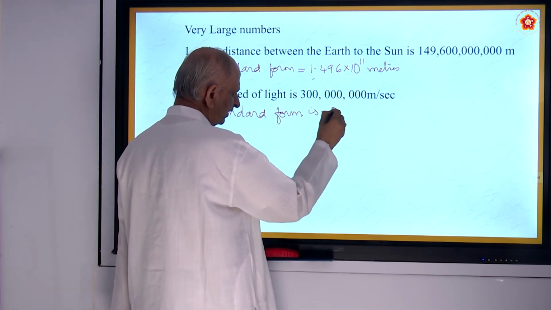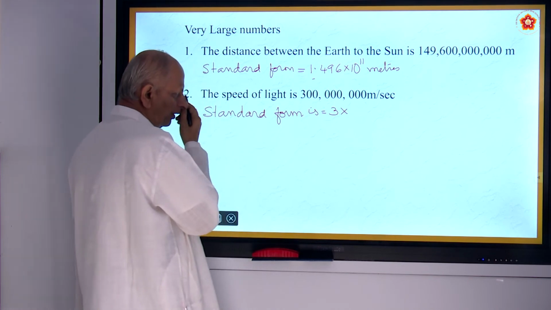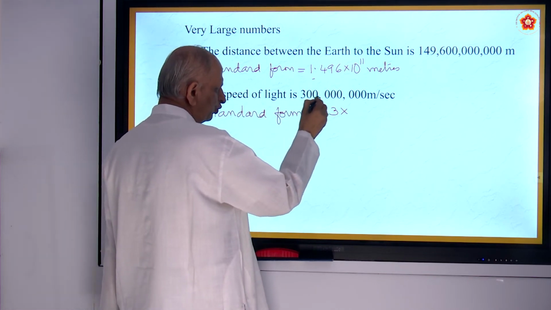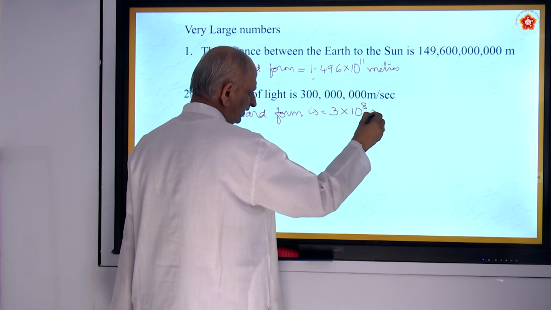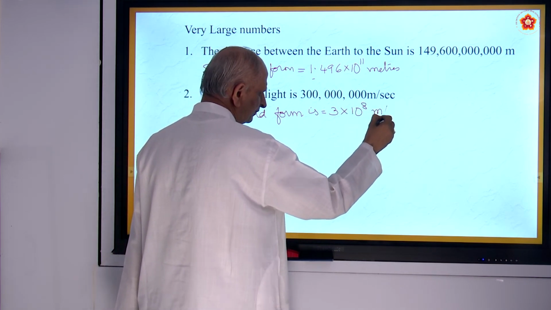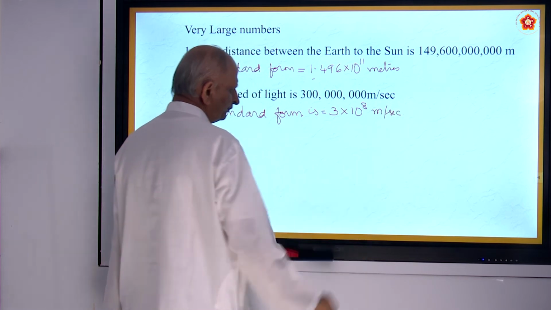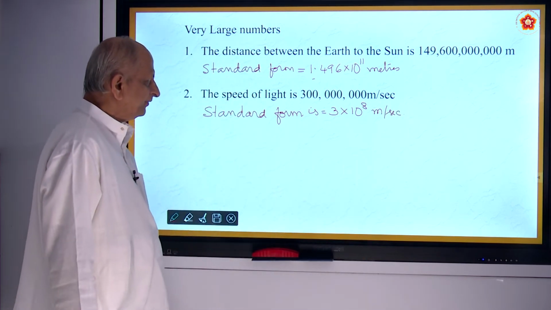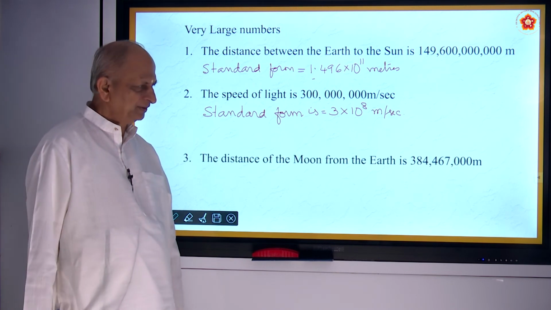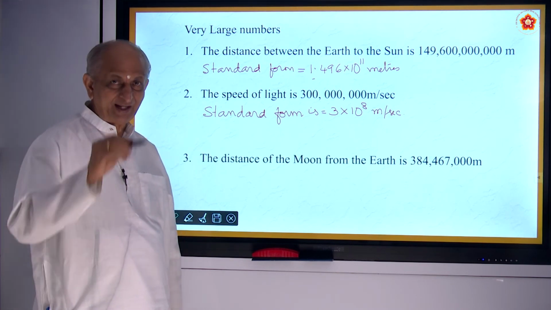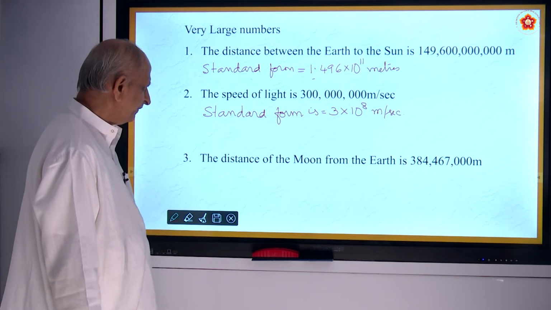So we should take it as 3, followed by how many zeros? 2, 5, 8. 10 to the power of 8 meters per second. So that is the standard form.